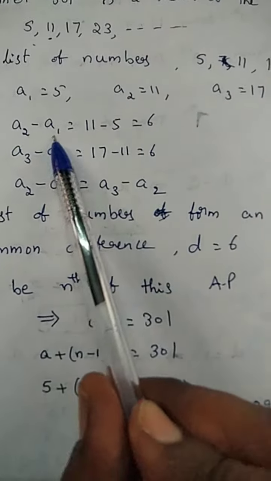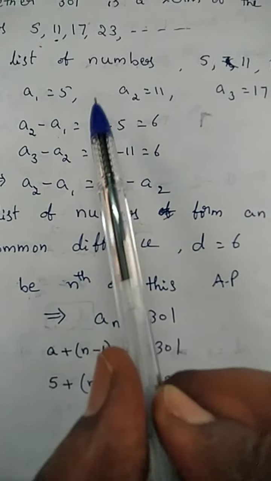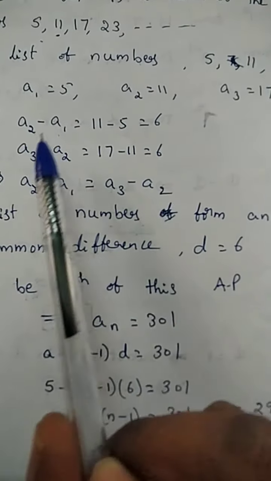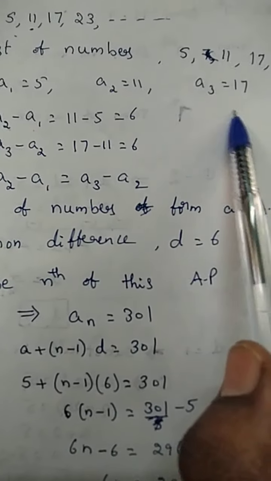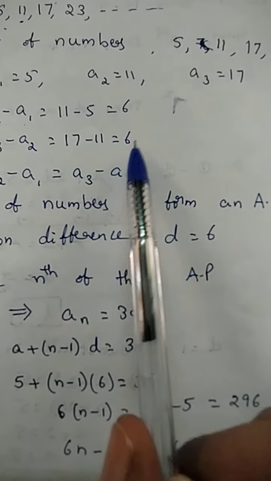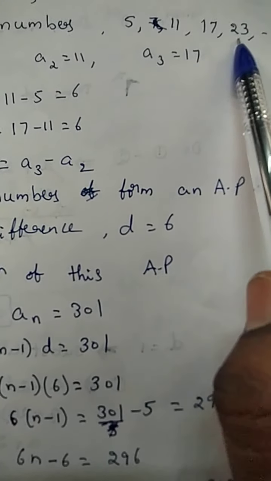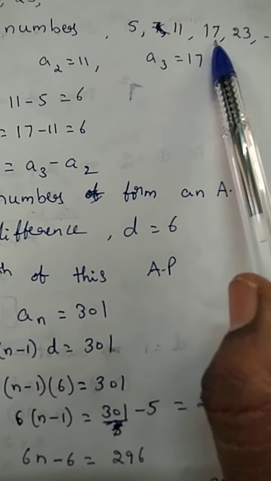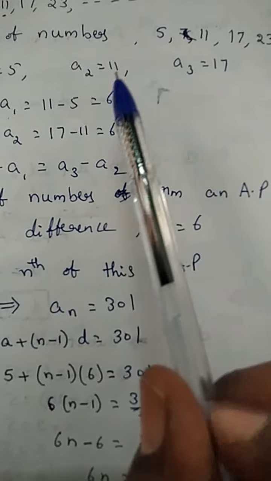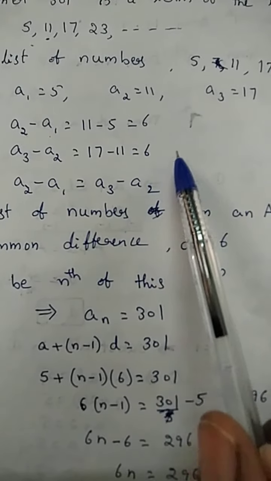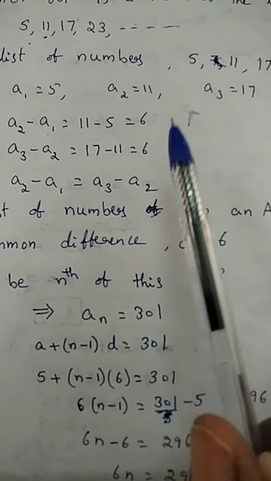So A2 minus A1 is 11 minus 5, which is 6. Same way, A3 minus A2 is 17 minus 11, which is 6. Coming to A4 minus A3, 23 minus 17 is also 6. Then all the consecutive terms' differences are equal: 6, 6, 6.